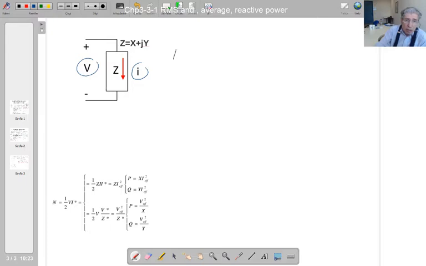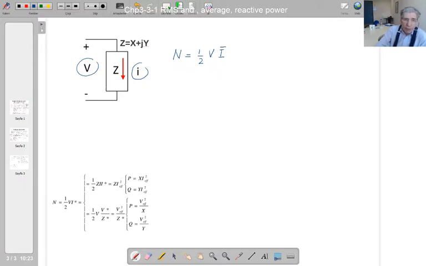There is a new term called complex power, which is defined as this. That means 1 over 2 voltage phasor multiplied with the complex conjugate of the current phasor.